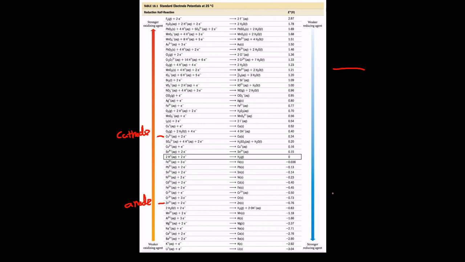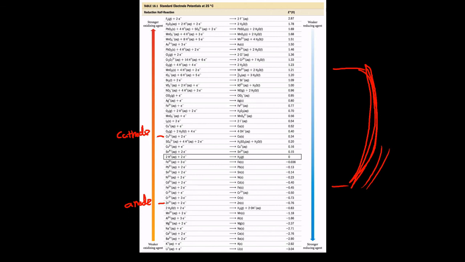But anyway, just for the sake of example, we have iron down here. So this is the height of our waterfall, this distance. Having twice as much iron react does not change the distance between these two half cells. All it does is it means that twice as many ions are going to move from one side to the other. But it doesn't actually change the distance between the two.